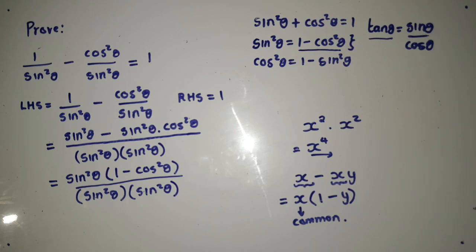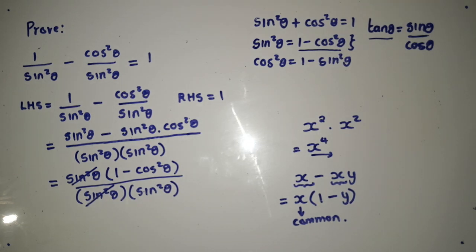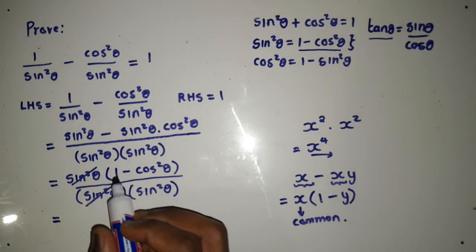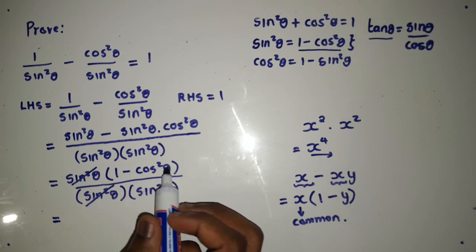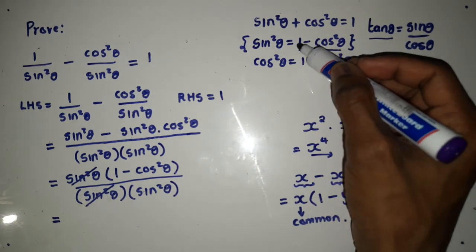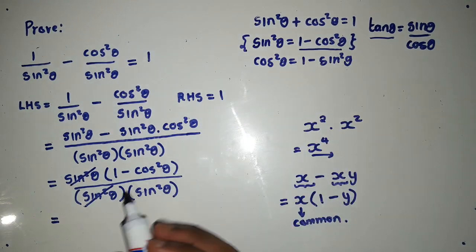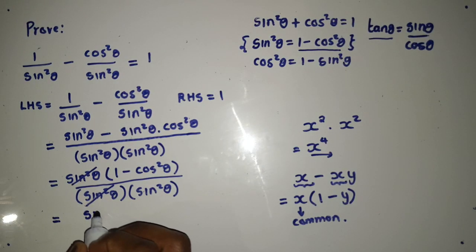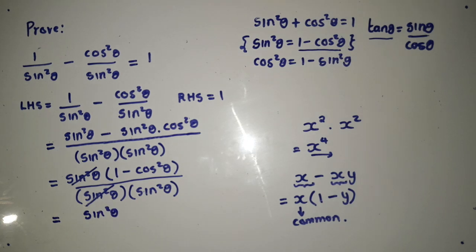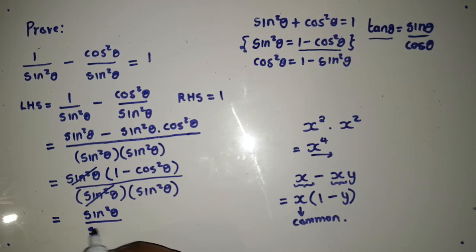Now check. This one is going to cancel this one. Then at this point, we can then now say 1 minus cos squared theta is equal to sine squared theta. Then it's gonna be sine squared theta like this. We also have divide by this sine squared theta.